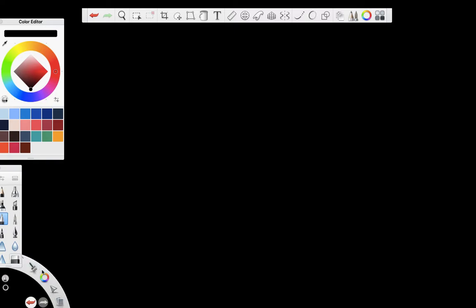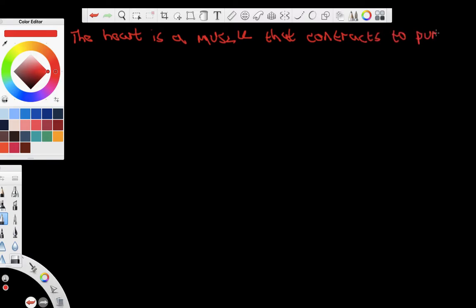Okay, so first things first, I'm going to put it in red. The heart is a muscle that contracts to pump blood around the body through blood vessels in mammals.